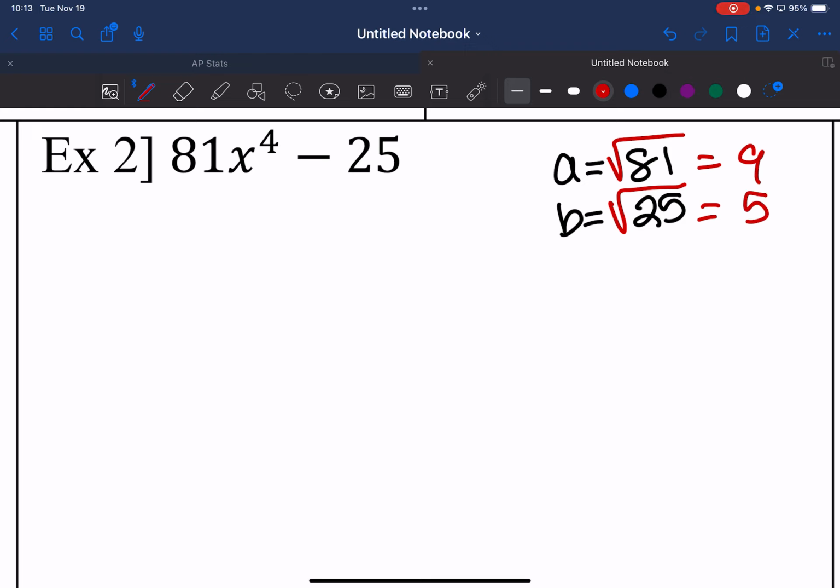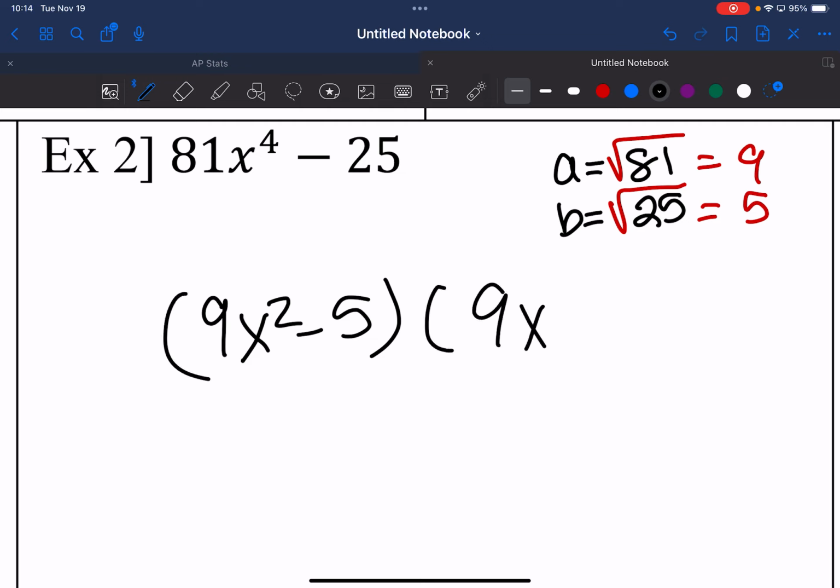But notice here, what is different about this? Is this x squared? No. The last one was x squared. This is x to the 4th. So instead of each of them just getting 1x, each of them are going to get how many x's? 2. So we could write this as 9x squared minus 5 times 9x squared plus 5. That's our answer.